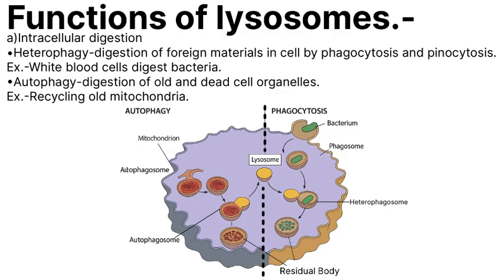So these unused parts are removed out of the cell to keep the internal environment of the cell healthy. Now I hope it is clear. You can see on the screen there is a beautiful diagram given there on the comparison between autophagy and heterophagy side by side, showing how lysosome helps in both the processes. Now let me know if there is any doubt.